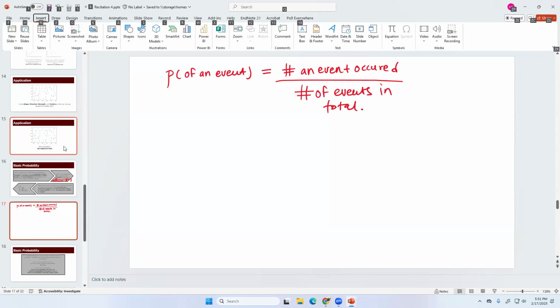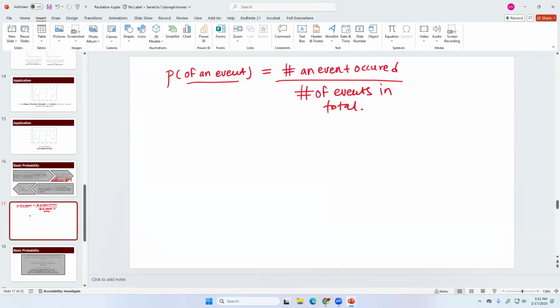The probability of any event is just the fraction of how many times that particular event occurred divided by the total number of all events under consideration. The same idea goes for this.